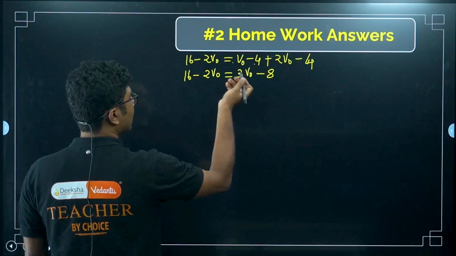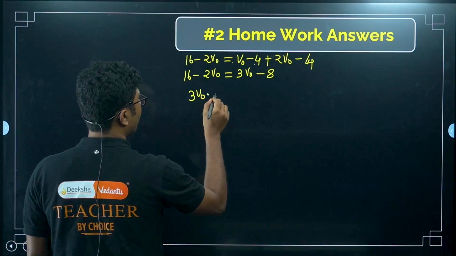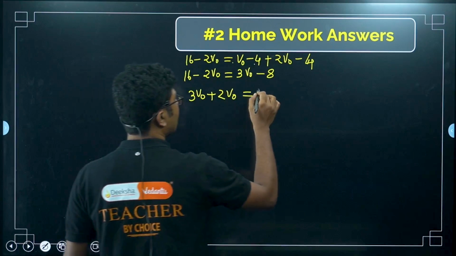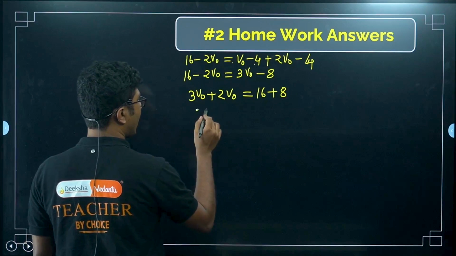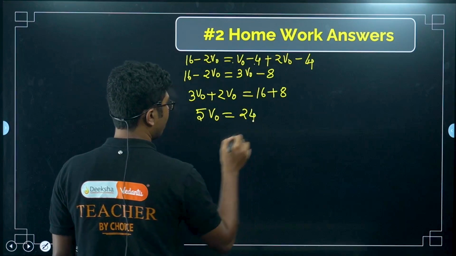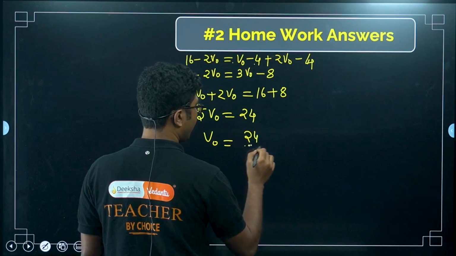Now take this VO on the other side. So 3 VO plus 2 VO equals to, now take this in this side, 16 plus 8. So 5 VO should be equals to 24, or VO should be equals to 24 by 5.